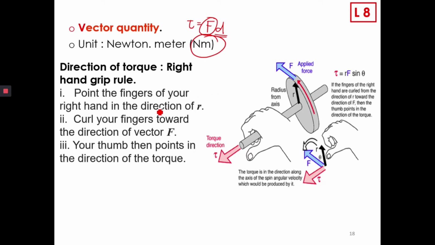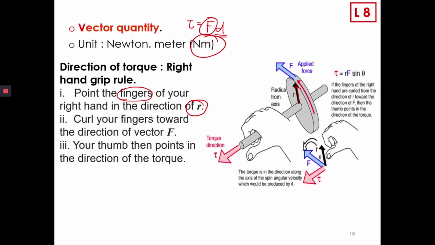How to determine the direction of torque? You can determine the direction using the right hand grip rule. First, point your fingers in the direction of r. So, let's say if we take this example here, you point your fingers upward, following the direction of r. Then you curl your fingers towards F. Now we applied force roughly into the page.